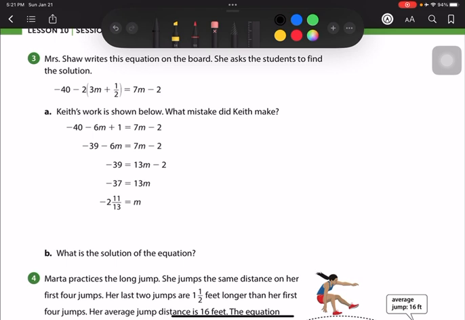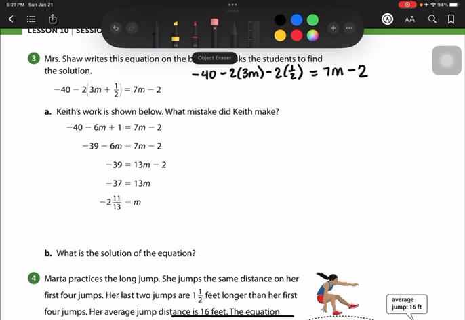All right, so first we're going to evaluate what happened here. First we want to do the distributive property. So on this first line, we want to have negative 40 minus 2 times 3m minus 2 times 1/2 equals 7m minus 2.